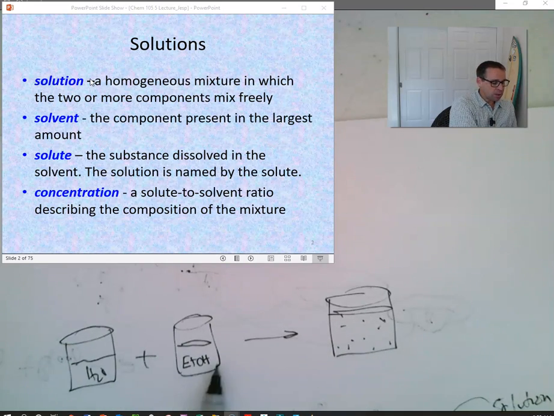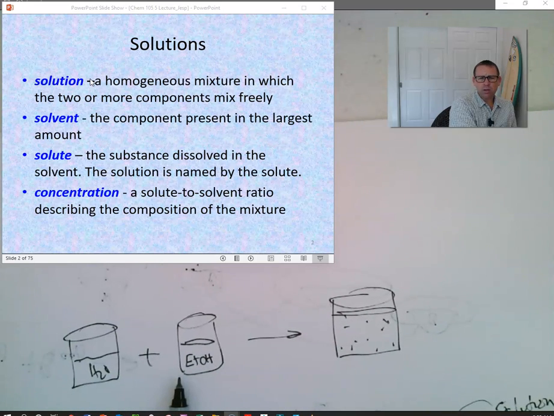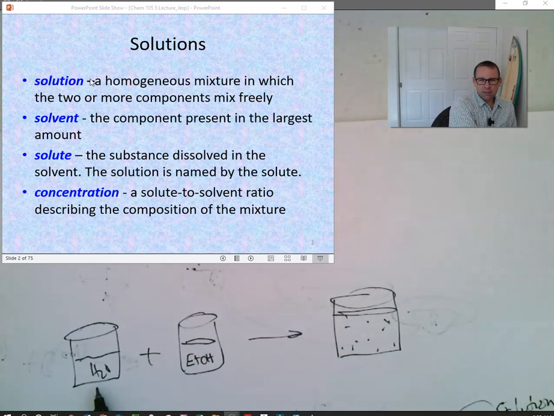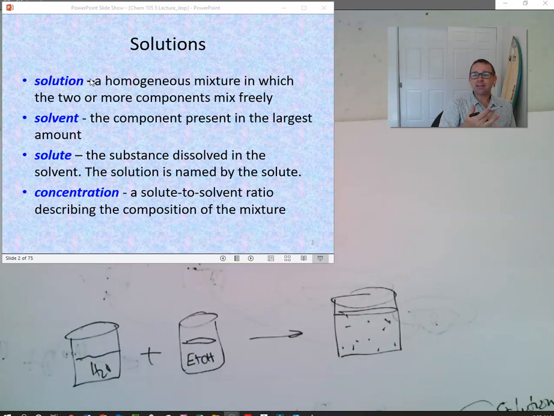And so in this sort of thing, we might say, okay, where's the solvent and where's the solute? And it's kind of hard to tell. So we define the solvent as the chemical that is in the highest concentration. And concentration means the ratio of solute. Now, what's the solute again?